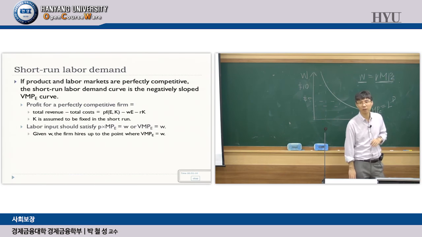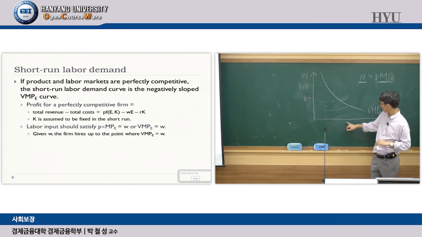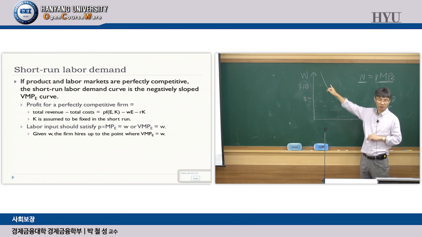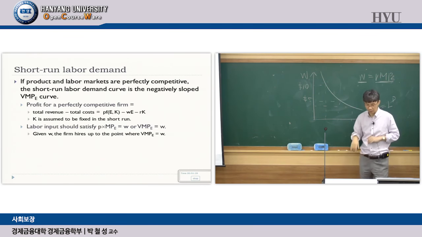And the labor demand curve is negatively sloped because marginal product of labor is negatively sloped. Meaning that when you have more inputs, marginal product of labor is decreasing. And since the VMP curve is the labor demand curve, it must be decreasing and negatively sloped.